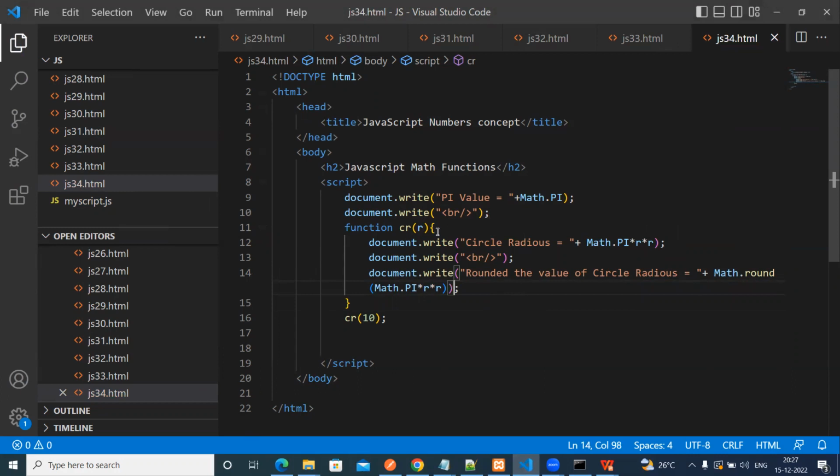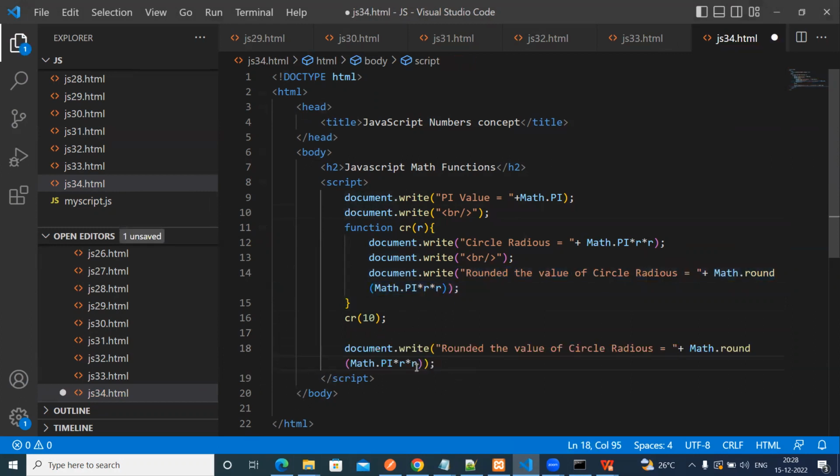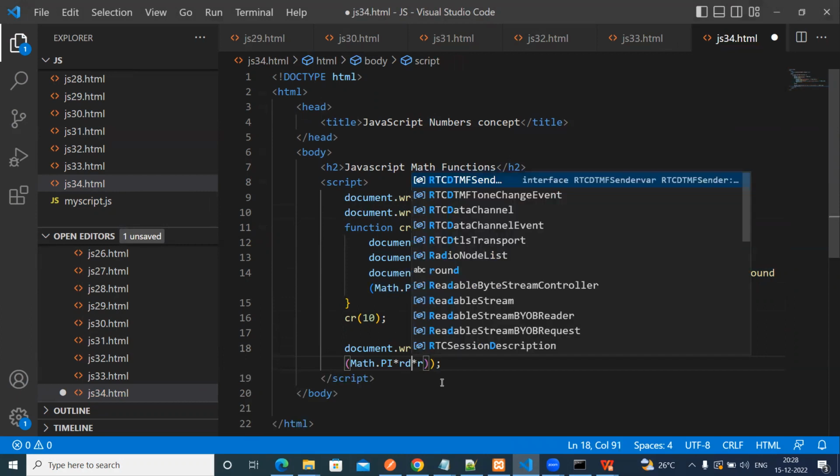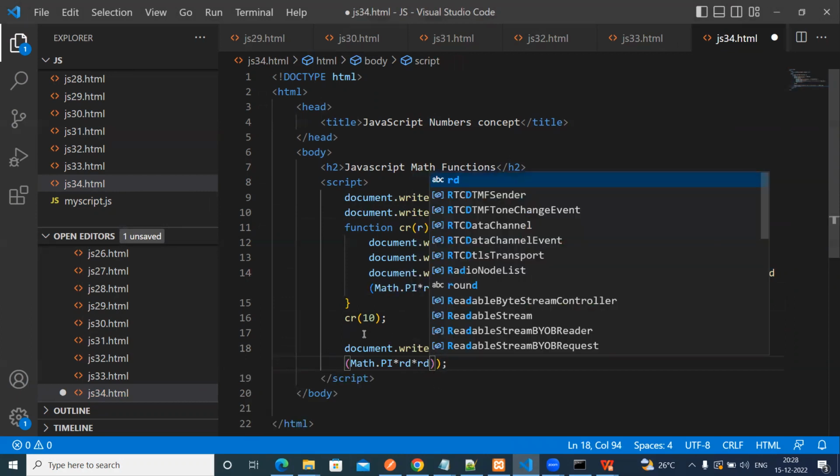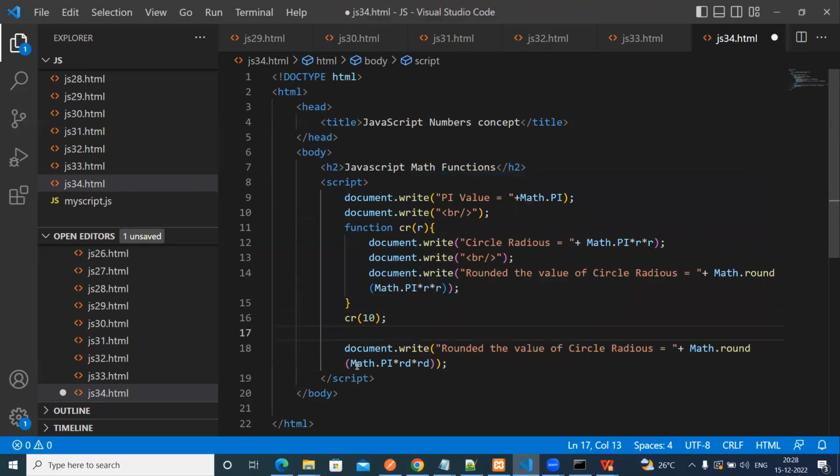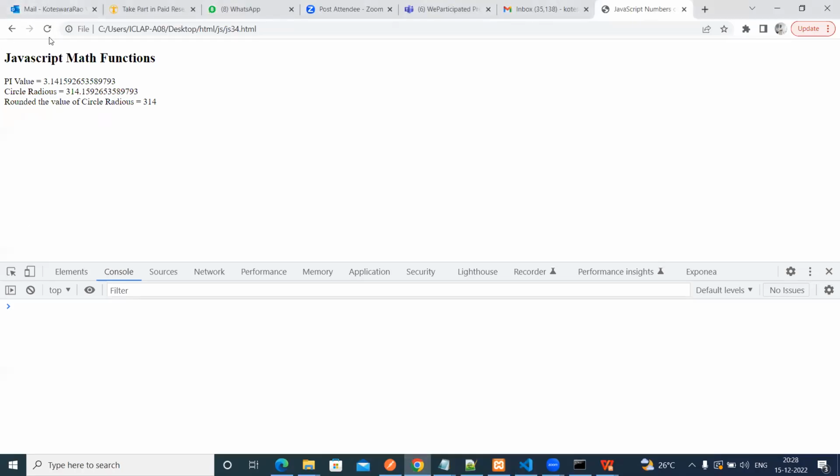Okay, suppose here I am writing Math.round. If you give 2.1, we will get 2.